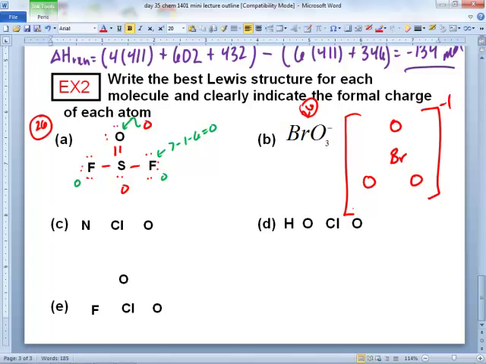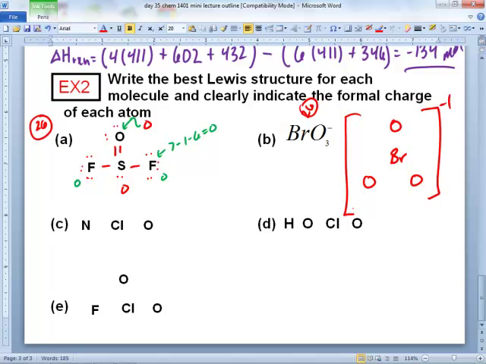Okay, so your best combination for formal charges, looking at this bromate, is zeros for everything with a single negative 1, and that negative 1 is on an oxygen, right? And some folks have figured it out. Jesus, what did you do?